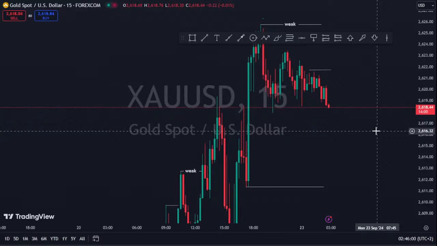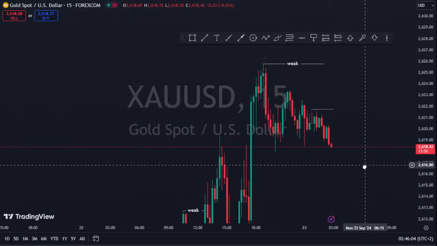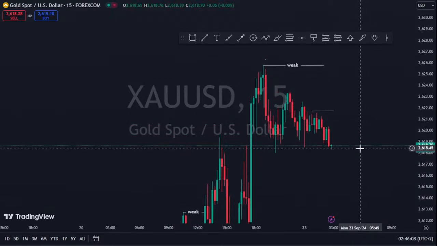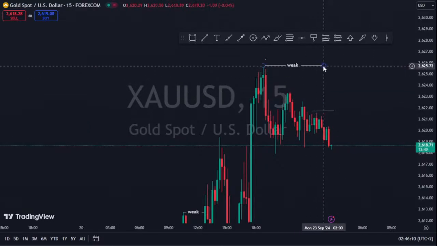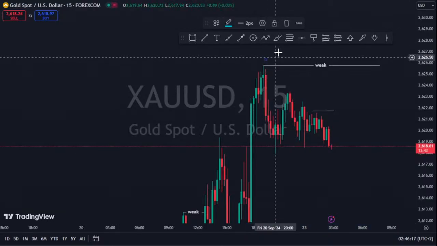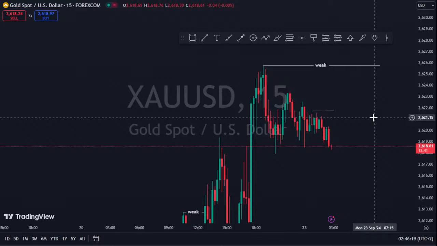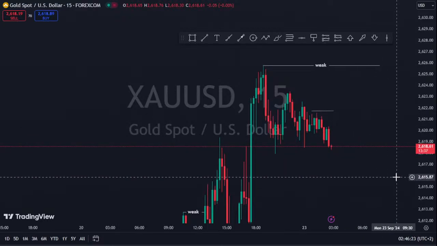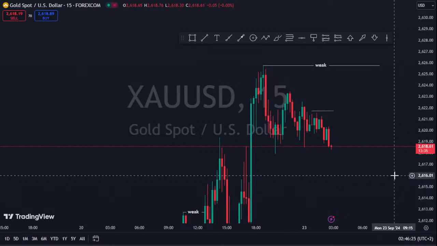It is definitely just too clear as to where price may be heading under higher time frames, 30 minutes, 15 minutes. The only problem is that we have this as a weak high. So if it wasn't for the fact that we have a weak high right here, I could have been saying a different story at this point, but because we do have a weak high, that's something else that's very concerning at this point.